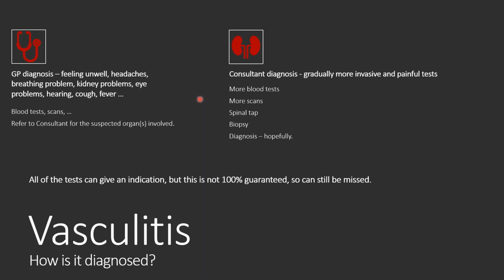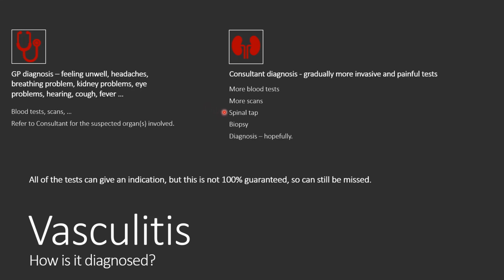Once your appointment comes through, the consultant will see you, he'll do an inspection, probably more blood tests, probably set up more scans, gradually move to the more invasive, more painful tests later on. Start off with the things that are not too bad.